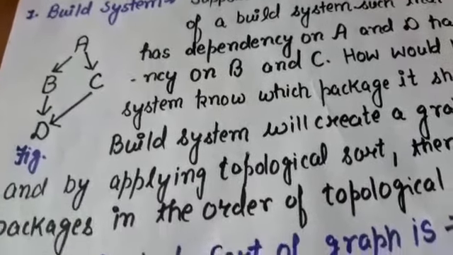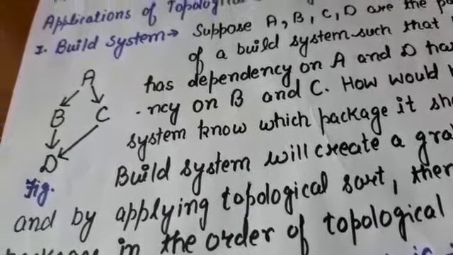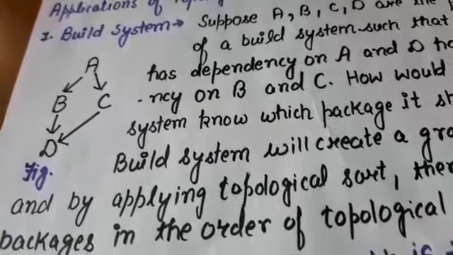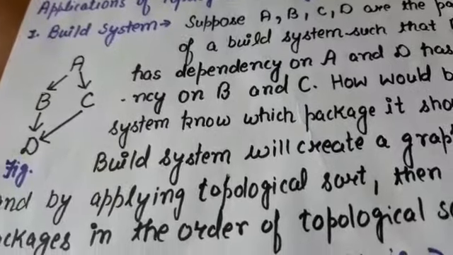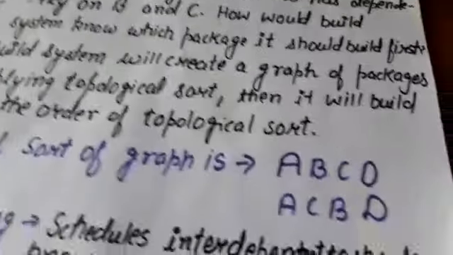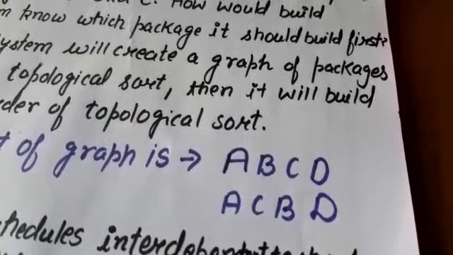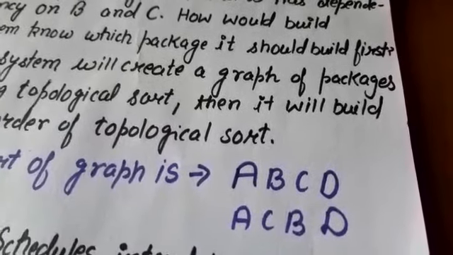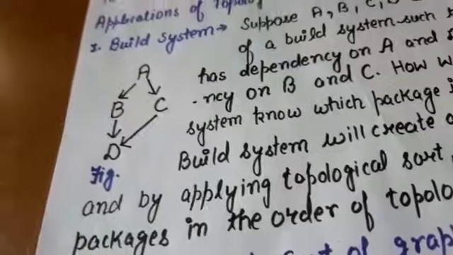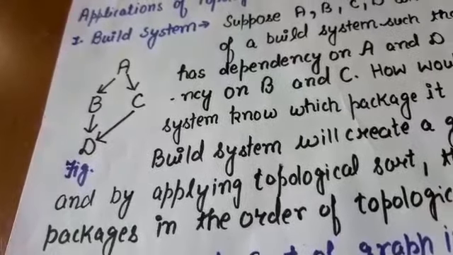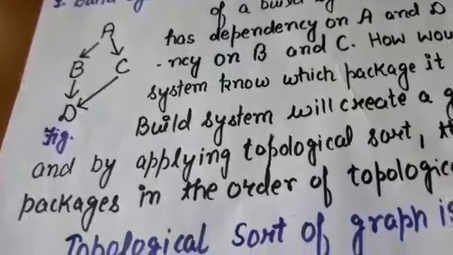When I do the topological sorting of this graph, then I will get to know that C will come after A, right? D will come after B and C. See, earlier I told you that the topological sorting of this graph will be ABCD, means I can see that D will come after the packages B and C, right?